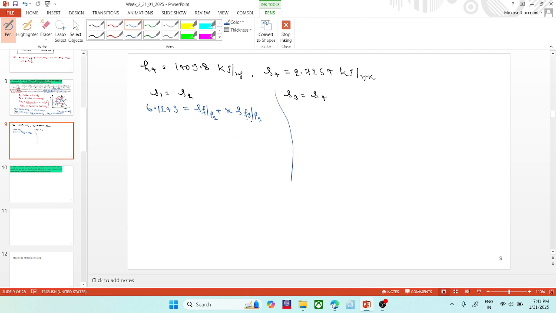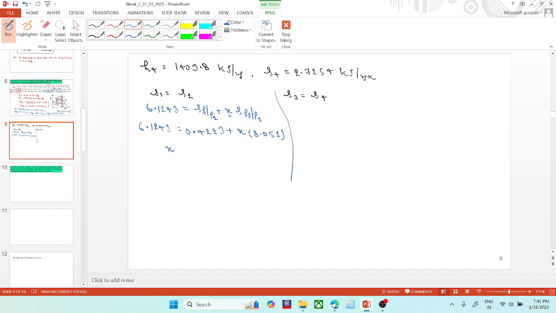Here x is the quality of the steam. We will be able to calculate this x, and based on that we can calculate the enthalpy at point 2. So let me put the values here: 6.1243 equals Sf at pressure 2, the value was 0.4223, plus x into this Sfg was 8.051.